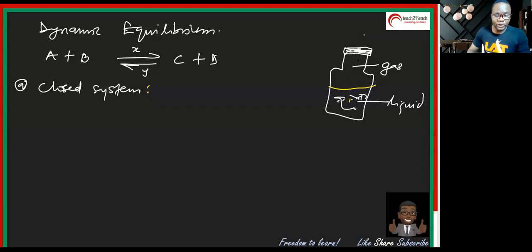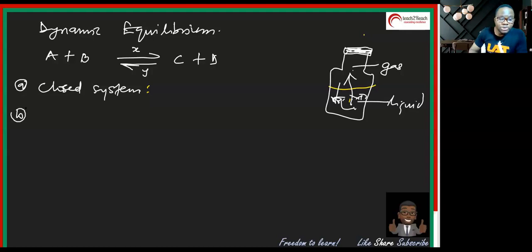But if you have a closed system here, the gas on the surface of the liquid will dissolve into the liquid. Then some liquid will also evaporate and turn into gas. So you have gas turning to liquid, liquid turning to gas, until an equilibrium is reached.